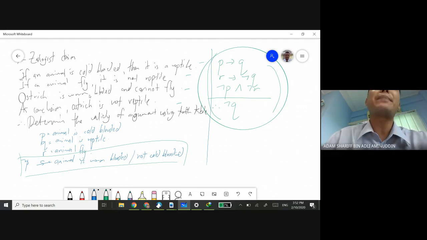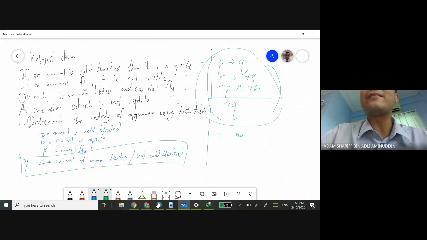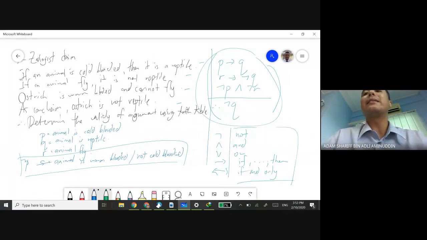It's directly not P and cannot fly, not R. So this is not, this is an, or, if, then. If and only if. Don't take this lightly.